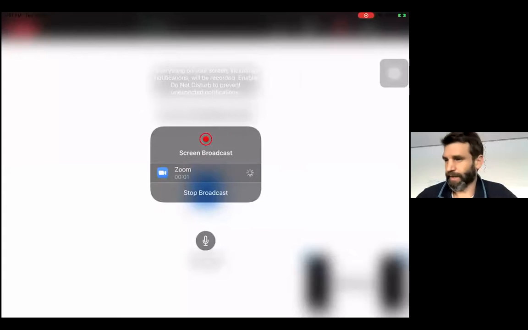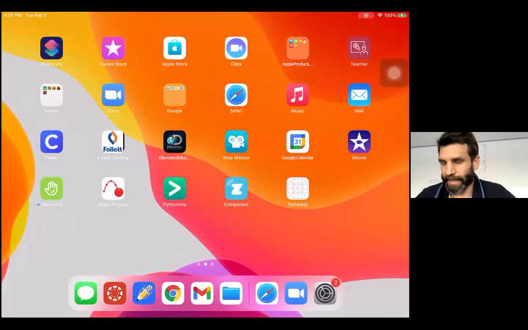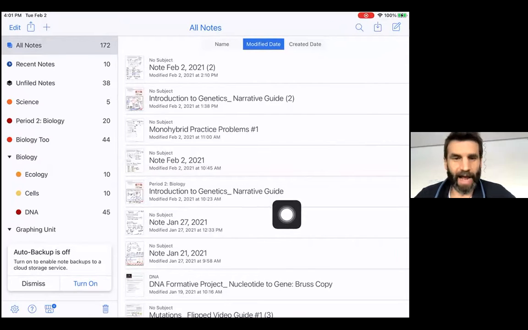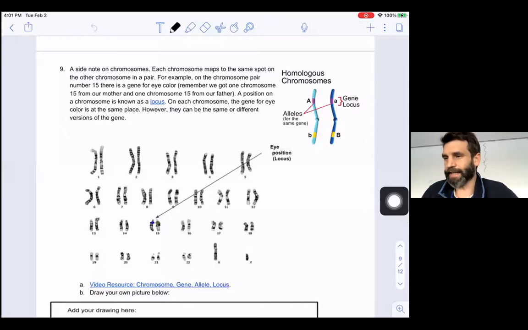So I'm going to share my iPad screen here, and I'm going to work out in Notability. So here we are. Today we started in Notability, and we started with our narrative guide that we had been working on because I wanted to highlight one piece of that.